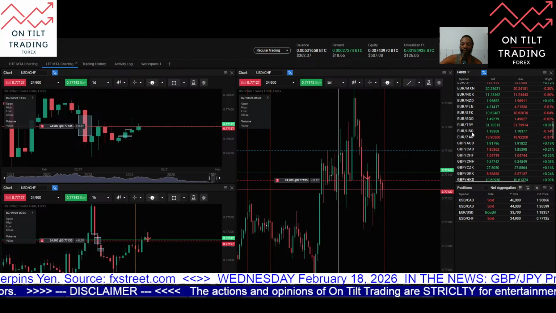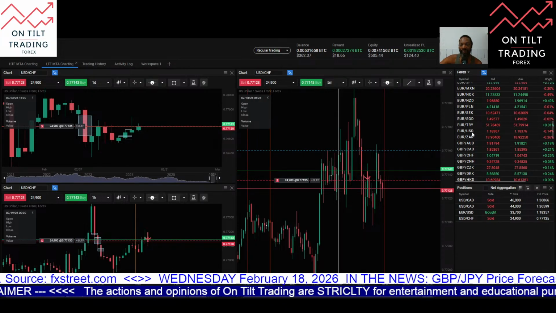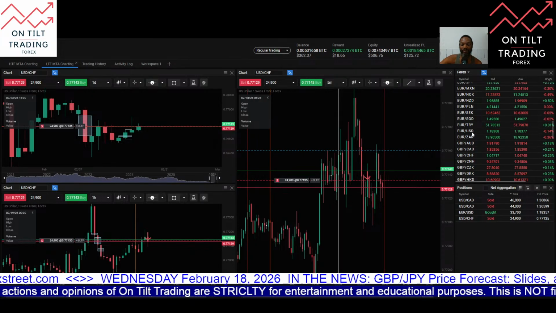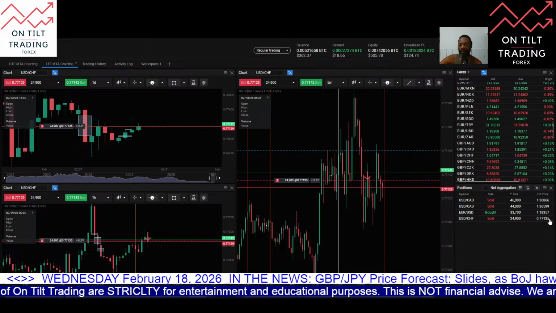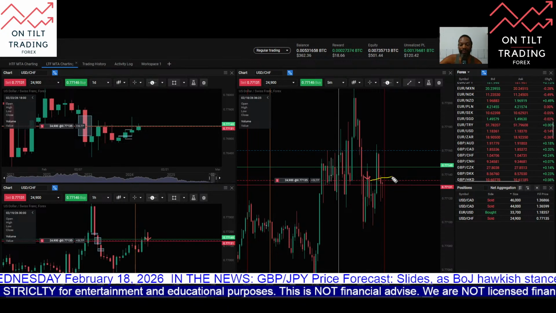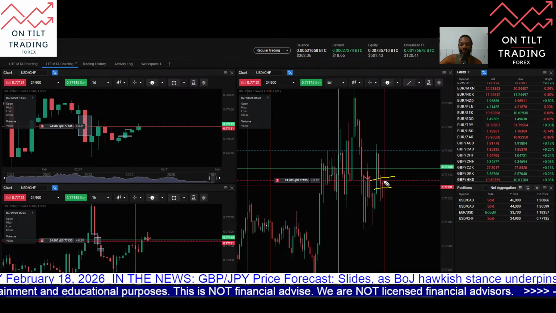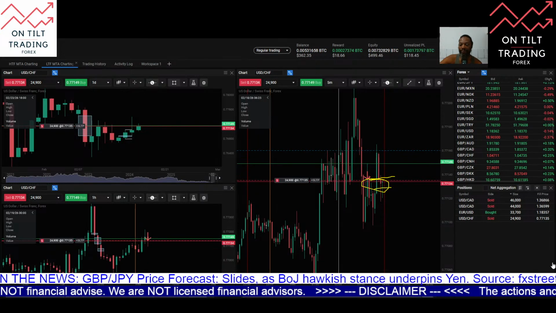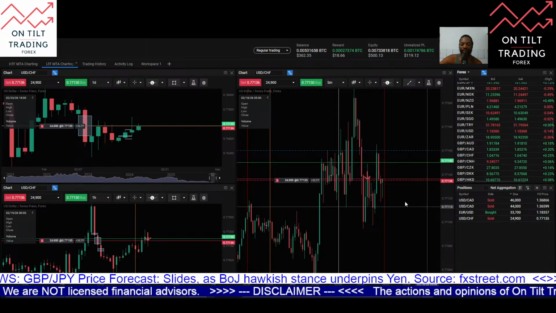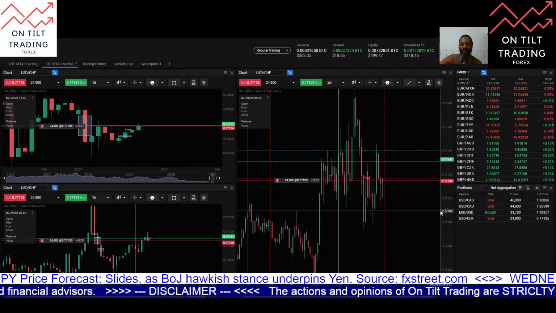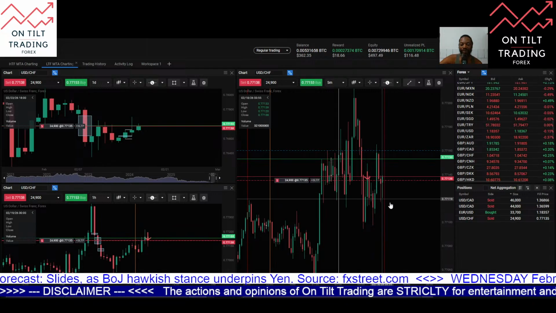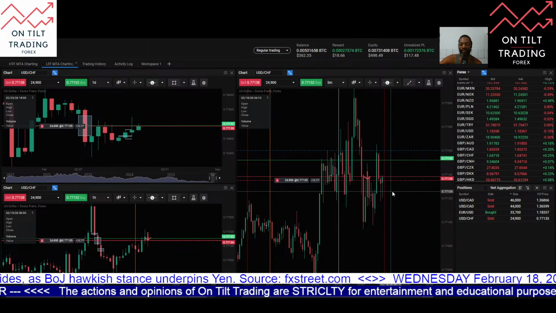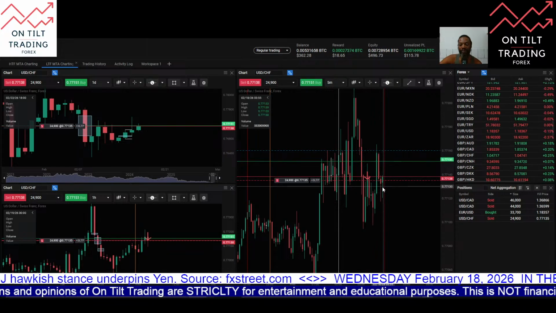And starting to look like it could break away here to the sell side, but price currently trading here within this bullish fair value gap. So this is likely what is keeping price up, or what may deliver price back to the buy side here, as price is trading in an area of bullish price action here.